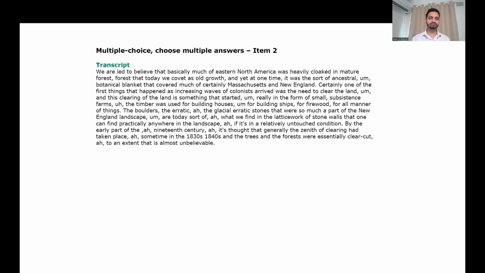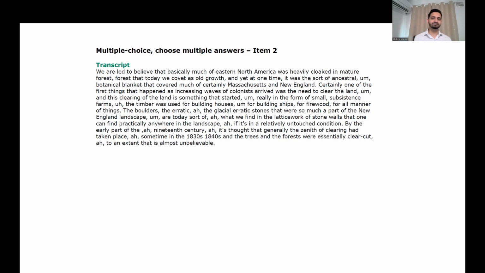Certainly, one of the first things that happened as increasing waves of colonists arrived was the need to clear the land. Okay, it was cloaked with what? Botanical blanket. So, are we talking about deforestation? Well, let's keep reading, because they're going to clear the land. We want to understand how they're clearing it.